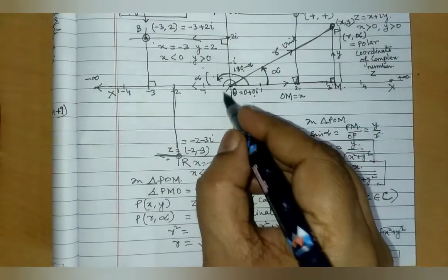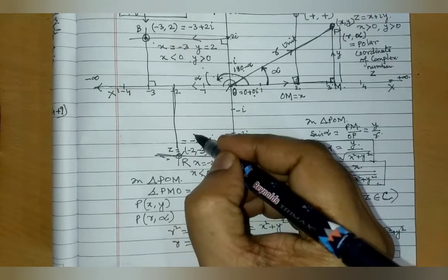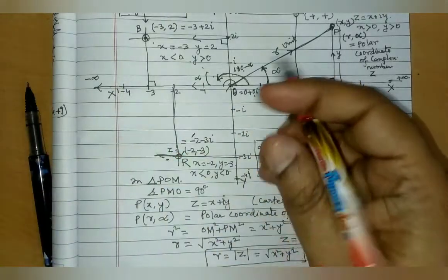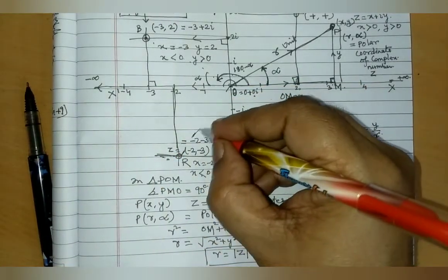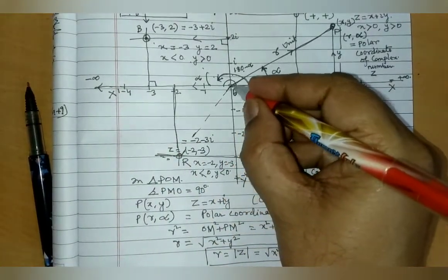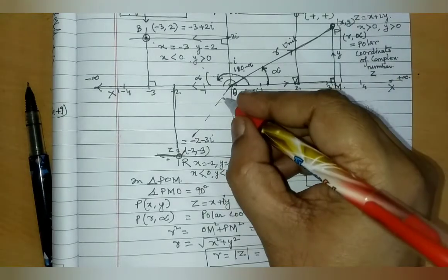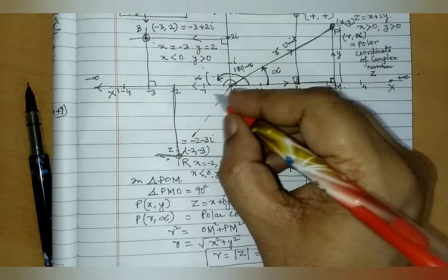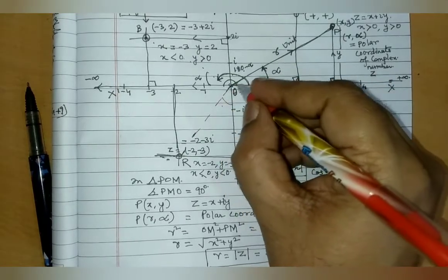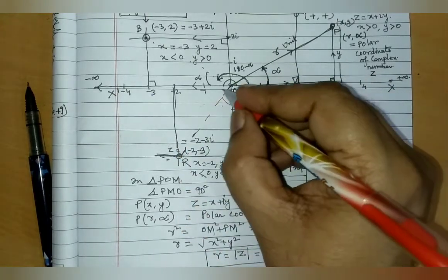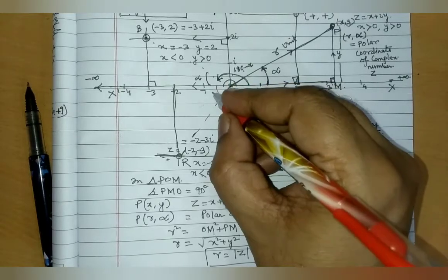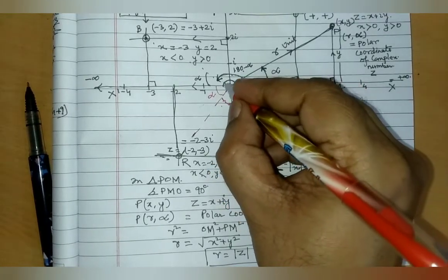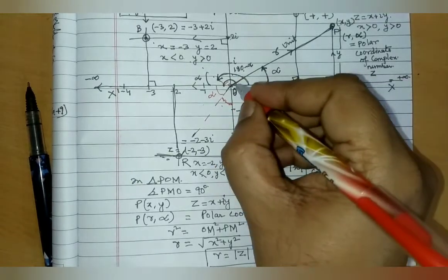If we join this point R with the origin, we can show that this angle, going this side, is the acute angle alpha, and here is 180 degrees.